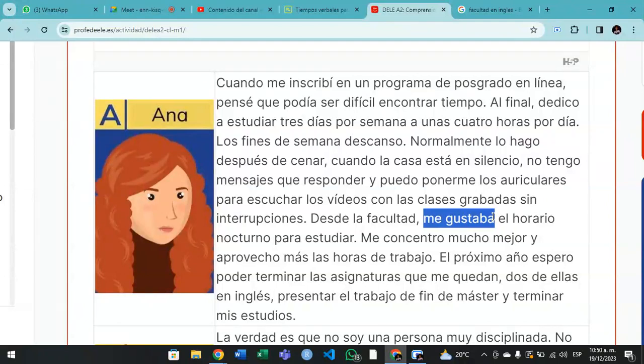I don't know if we have talked about the verb gustar, but we do the conjugation for the thing that is receiving the action of liking, and here we put me to make the reference that I'm doing the action. So I liked. El horario nocturno, right? Concentro is in the present, and then all of this is present.